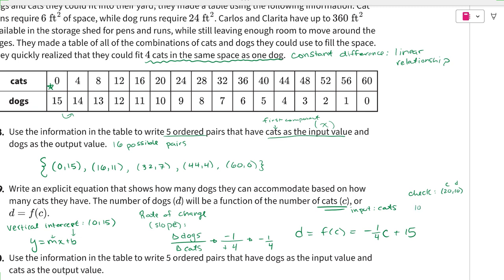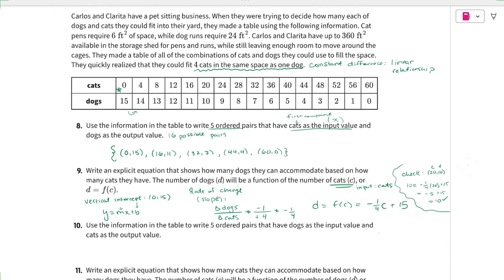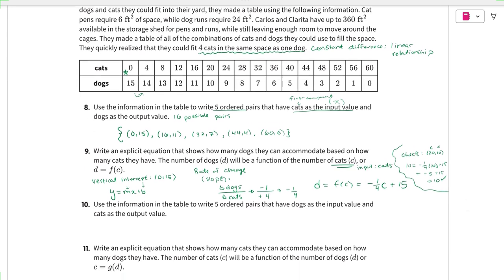So I'm going to set it equal to dogs, 10. So -1/4 times 20 plus 15, that should give us 10. -1/4 times 20 is -5. -5 plus 15 is, in fact, 10. We know we did it right. So that's a nice little reassurance. We didn't need to do that, but it never hurts to check our answers.